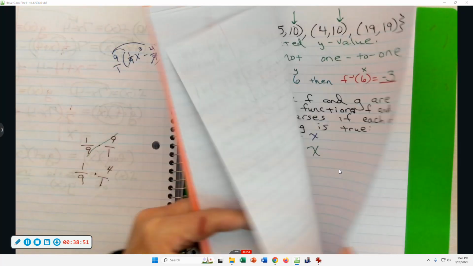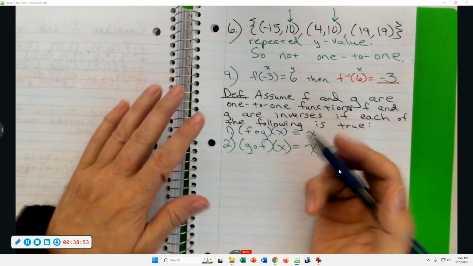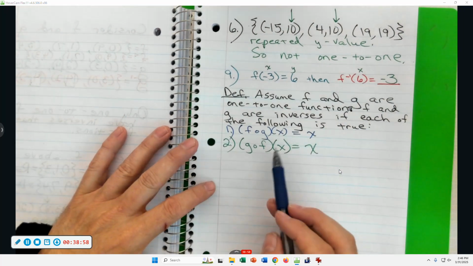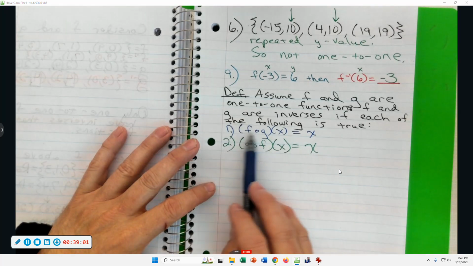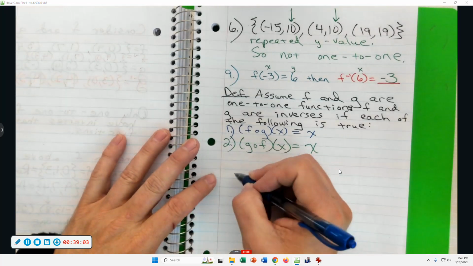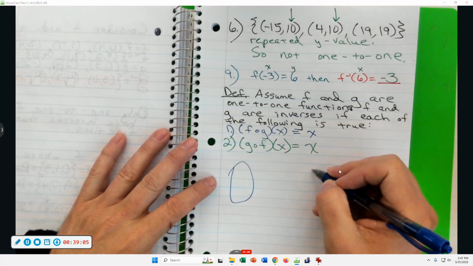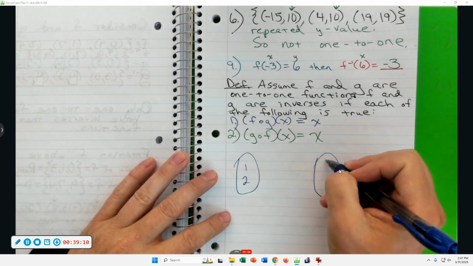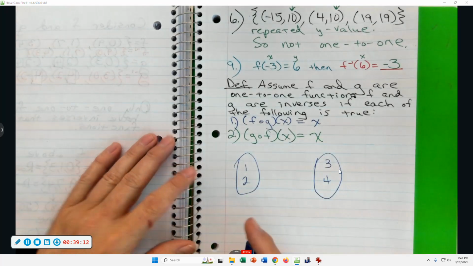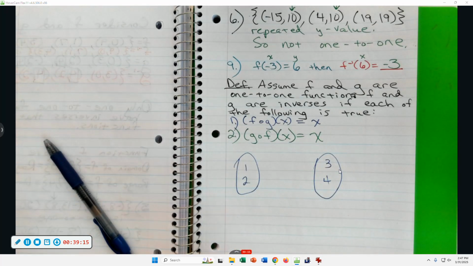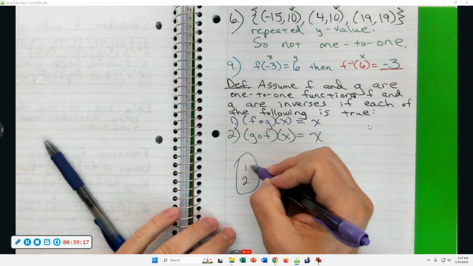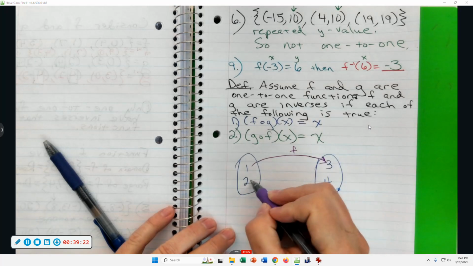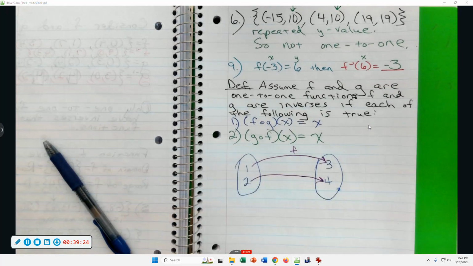Before we go on, where are we? Let's think about it. I'm going to draw an abstract illustration involving this definition. Let's assume that F takes 1 to 3 and 2 to 4.